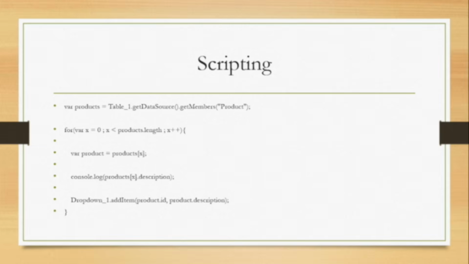Please note that products is the array, whereas the product variable is a single variable. console.log is also used, because if we want to explore the values and the description of the product in the console, we can use the console.log function.